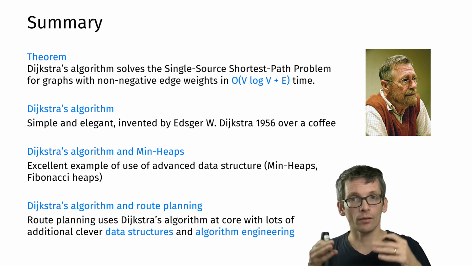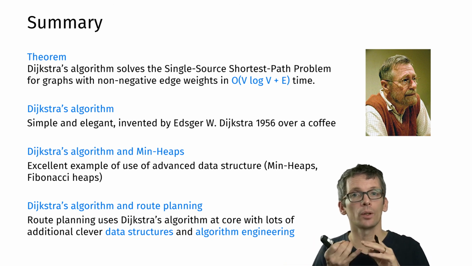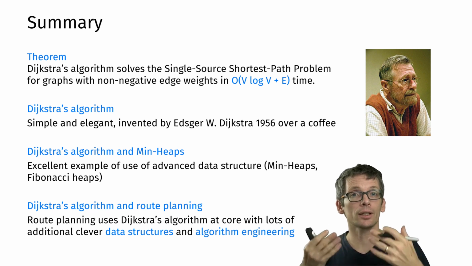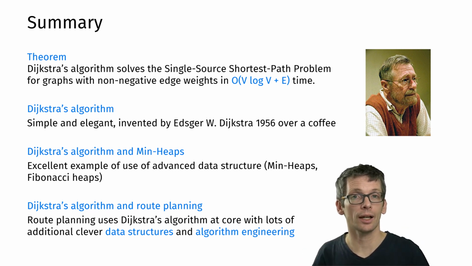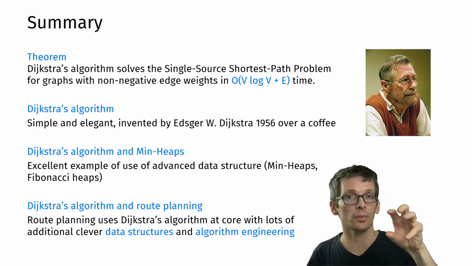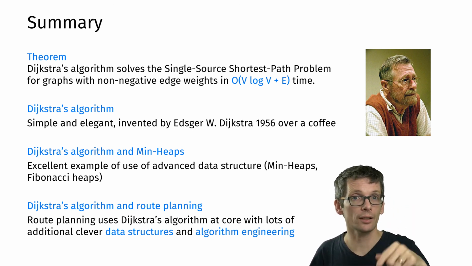So that is actually a very interesting research area with many clever data structures, a lot of interesting practical algorithm design, but still at its core, Dijkstra's algorithm is used quite a lot, for instance, when computing those data structures.